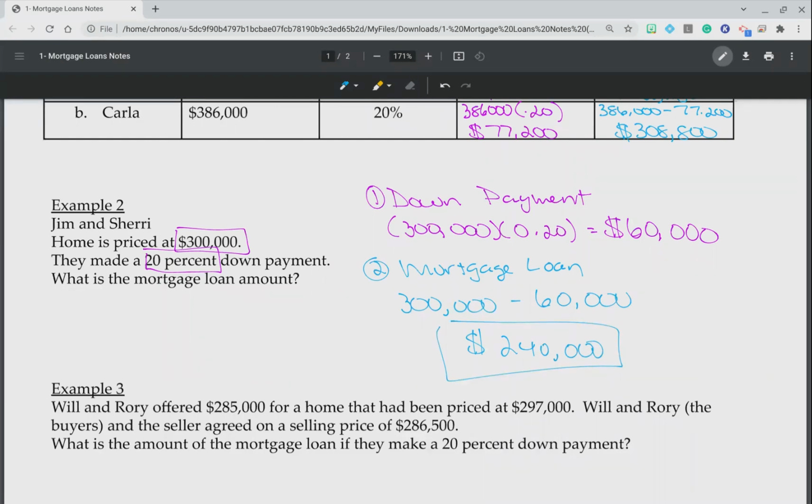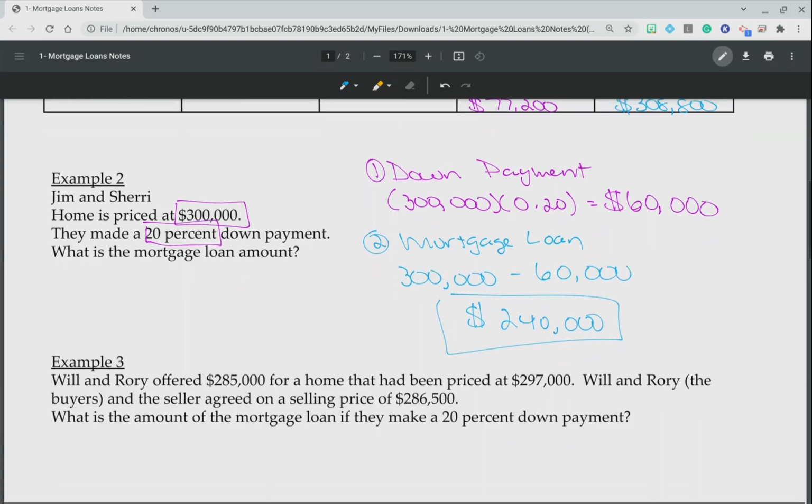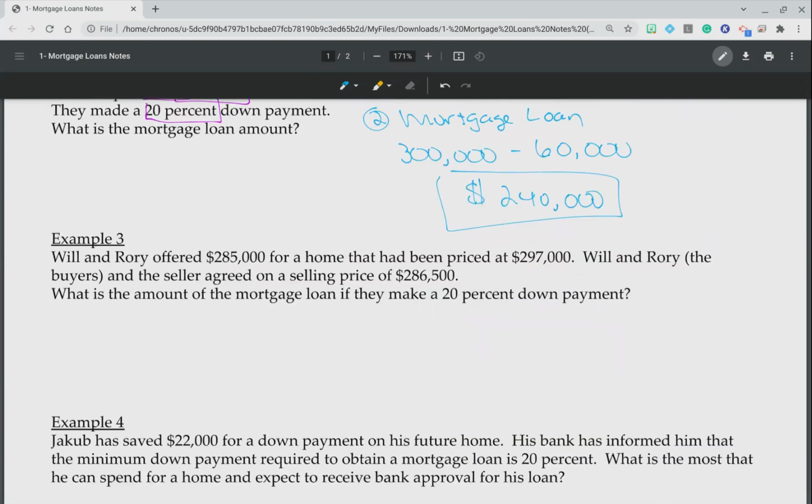Okay, let's try another one. Will and Rory offered $285,000 for a home that was priced at $297,000. So what this means is, online or whatever, they found this real estate listing, the people selling the house wanted $297,000, and they said, okay, that seems a little high, we would agree to pay $285,000.